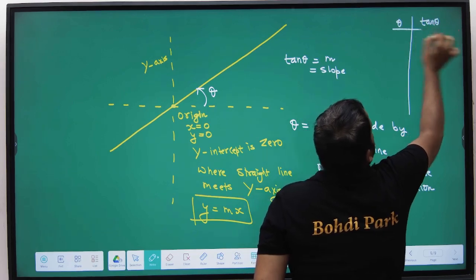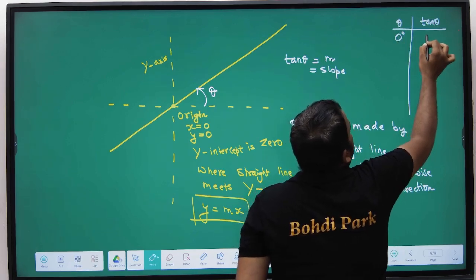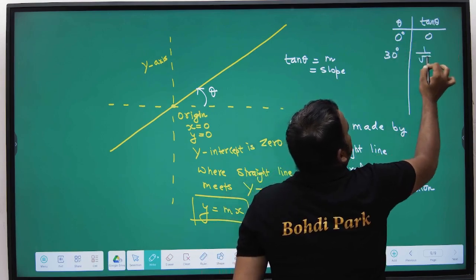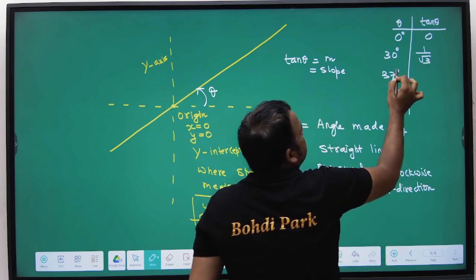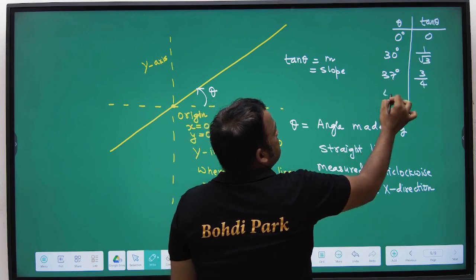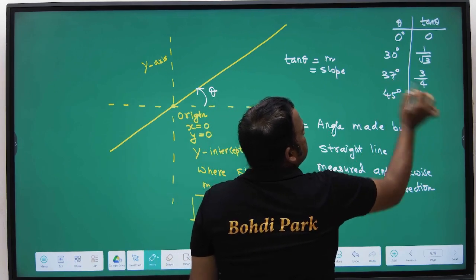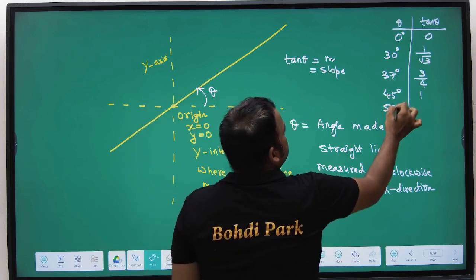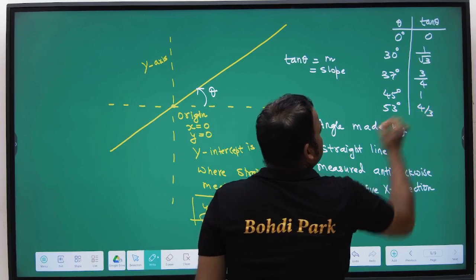Then quickly I am writing the values of tan theta. When theta is 0 degree, tan theta is 0. When it is 30 degree, tan theta is 1 by root 3. When it is 37 degree, tan theta is 3 by 4. When it is 45 degree, tan theta is 1. And when it is 53 degree, tan theta is 4 by 3.